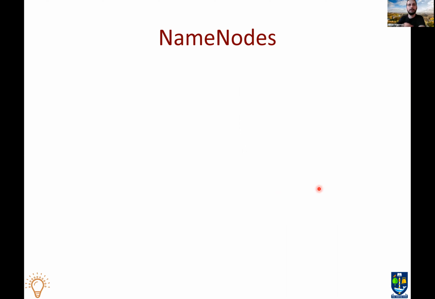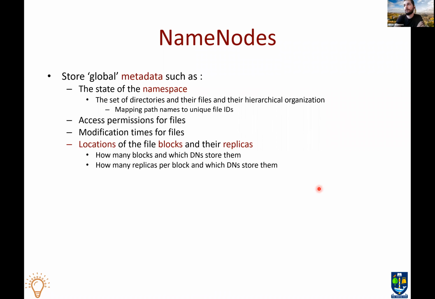Okay, so the name node stores this global metadata. It stores the state of the namespace, which is the set of directories and their files and the hierarchical organization. What this does is map path names to unique file IDs, and this is the handle I was talking about earlier.